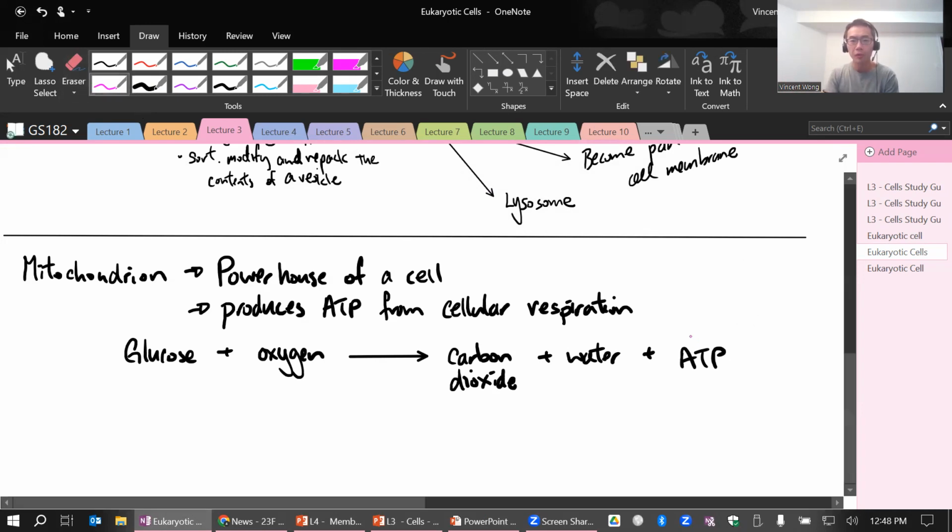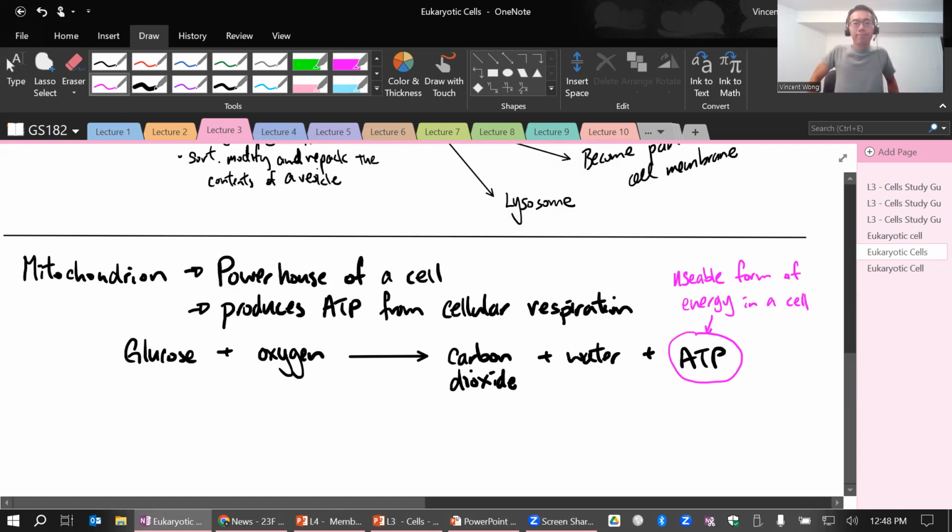So the preferred form of energy, the usable form of energy in a cell is ATP. Right? This is the usable form of energy in a cell. Okay.